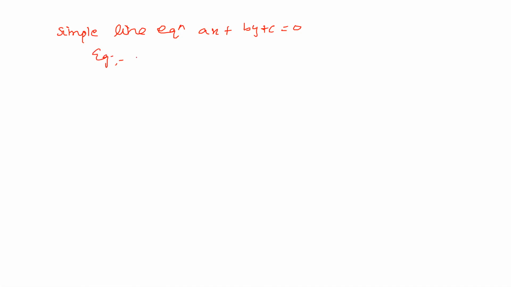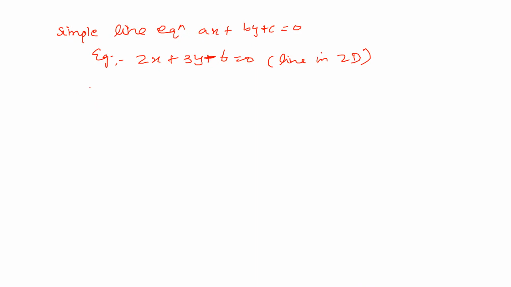Let us say for example 2x plus 3y plus 6 or 3y minus 6 equal to 0, which is nothing but a line in 2D space, right? Plus 6 or minus 6, whatever it may be. So we know the line in 2D, then we have to convert it into homogeneous. This is inhomogeneous. We have to convert it into a homogeneous line vector.